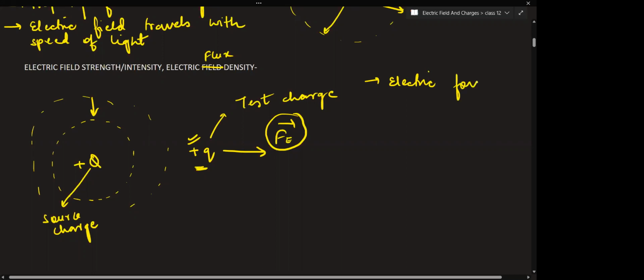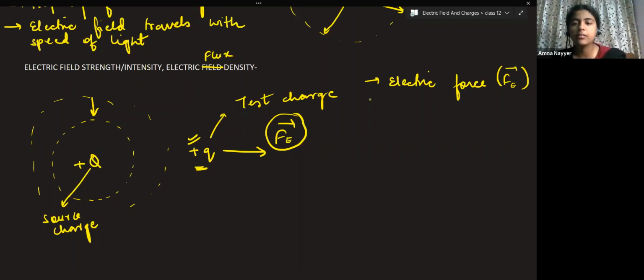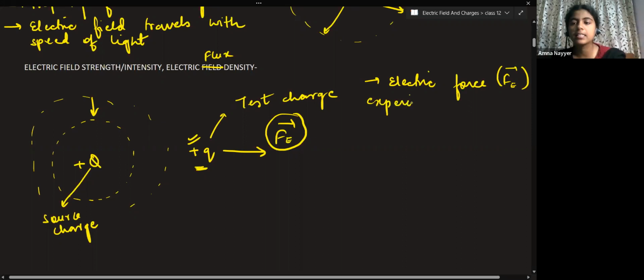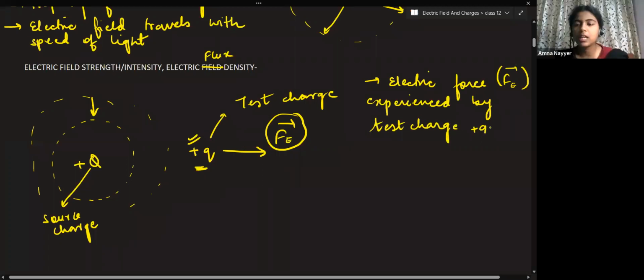Electric force Fe. This is the electrical force experienced by the test charge. What is the test charge? Plus Q or small q? Small q. So this charge small q, due to field of what?